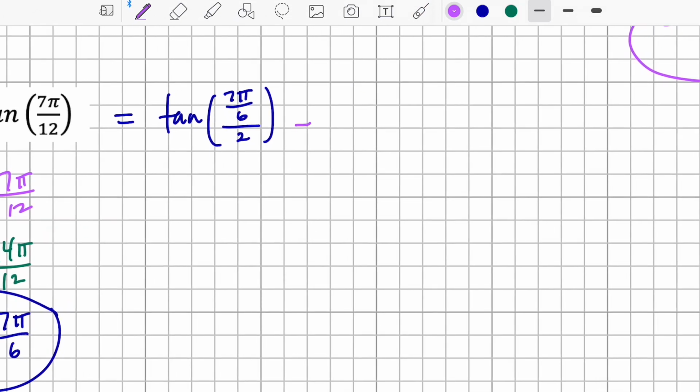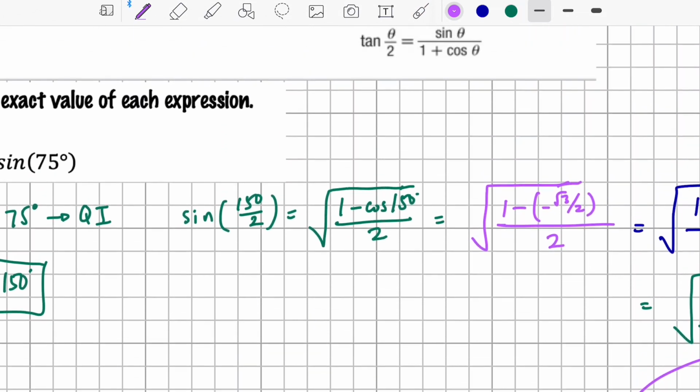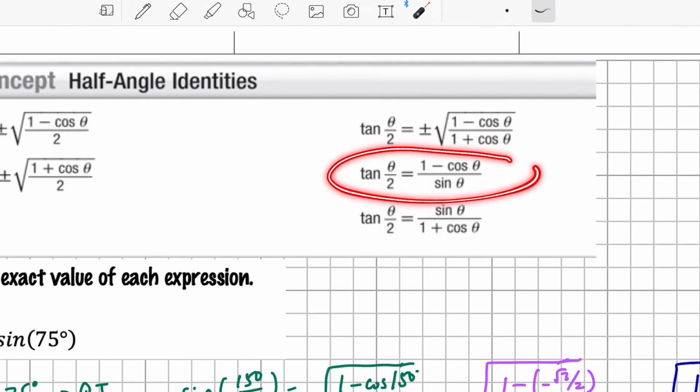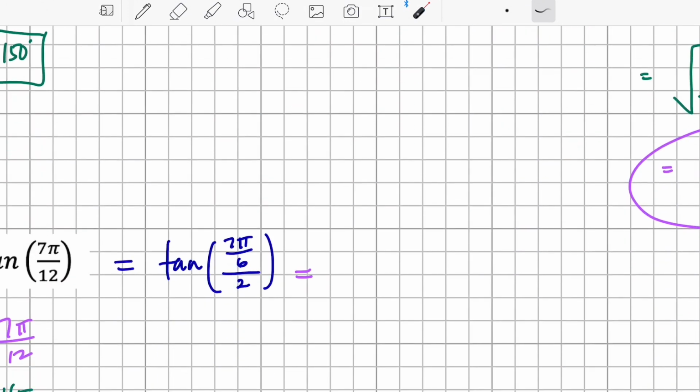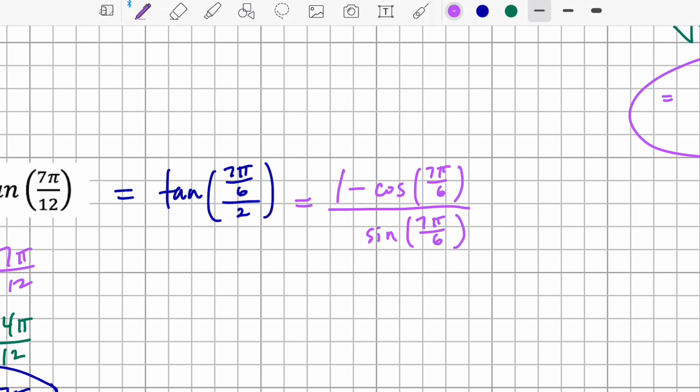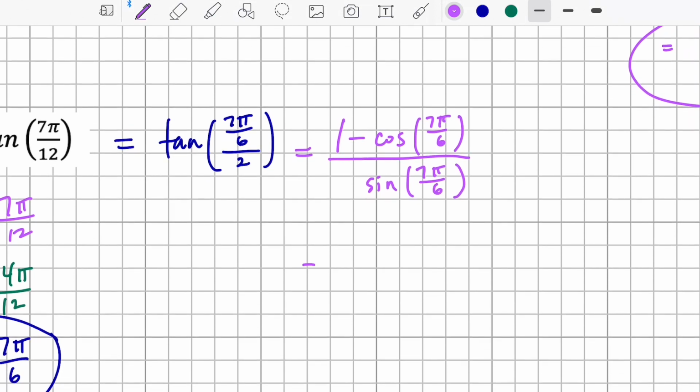So now, if I look at the half angle identities, we have 3 options. But the one I want to use is this one because it makes things easier. So 1 minus cosine theta divided by sine theta. So 1 minus cosine of 7 pi over 6 over sine of 7 pi over 6. Now, 7 pi over 6 is in quadrant 3.